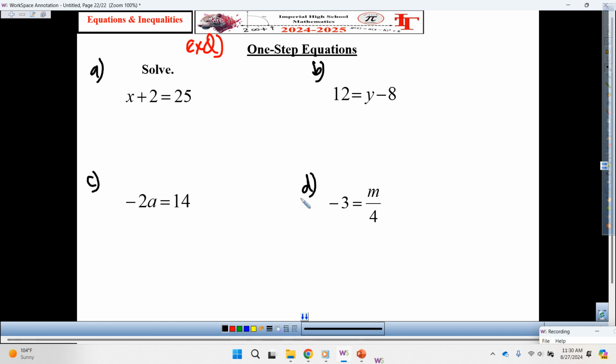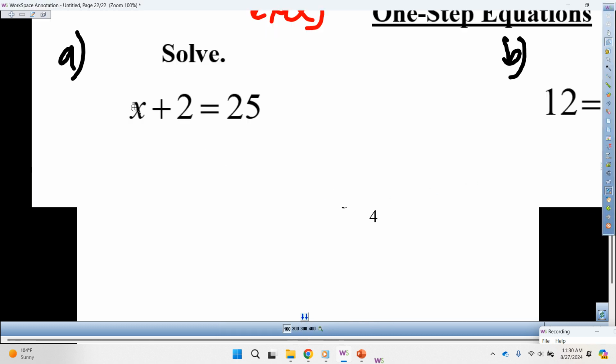So, follow along. I'm going to zoom in to A. We're going to do that one together with the entire process. Here we go.